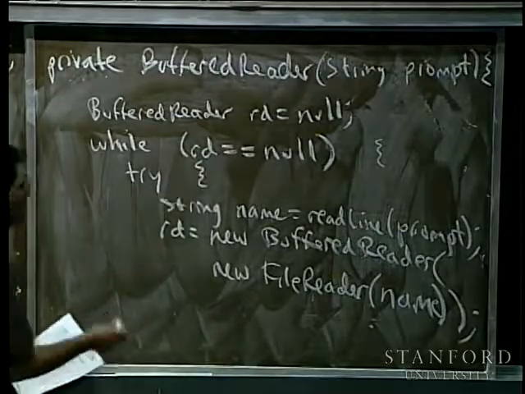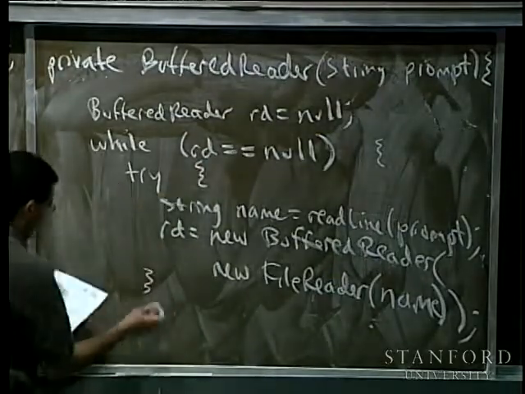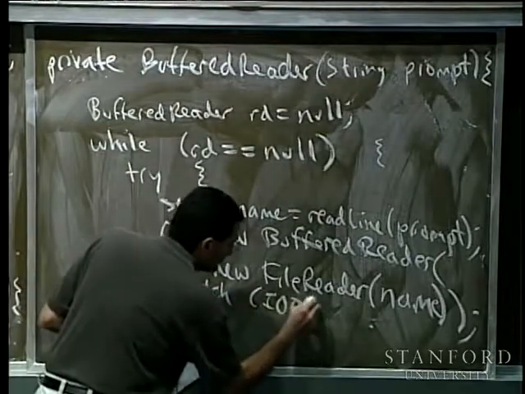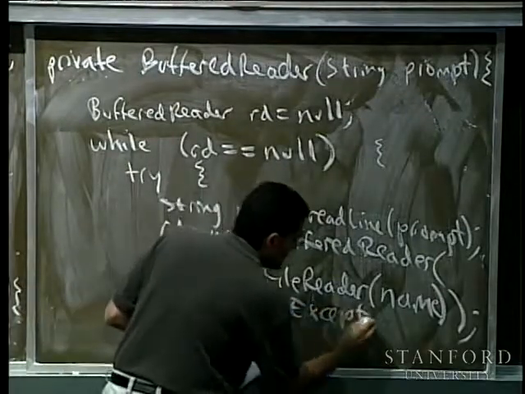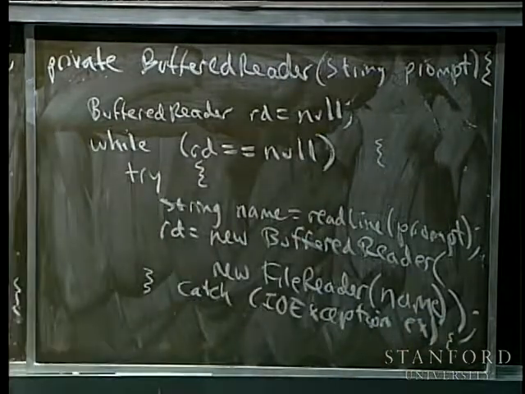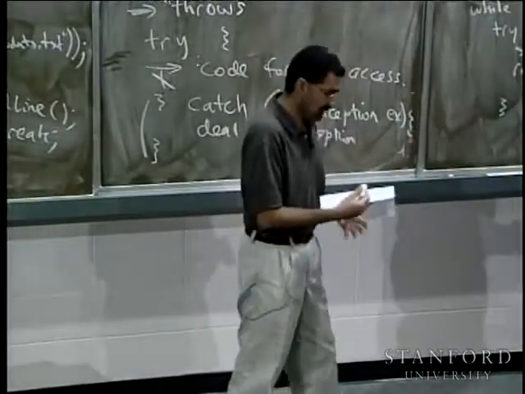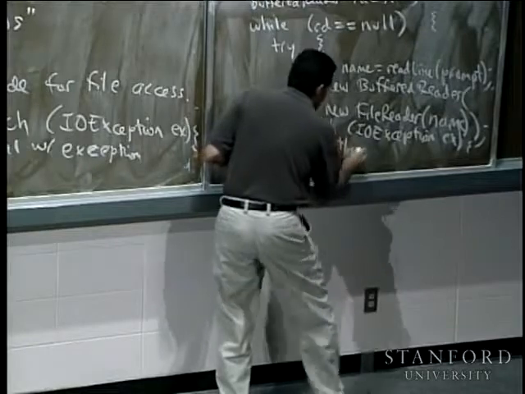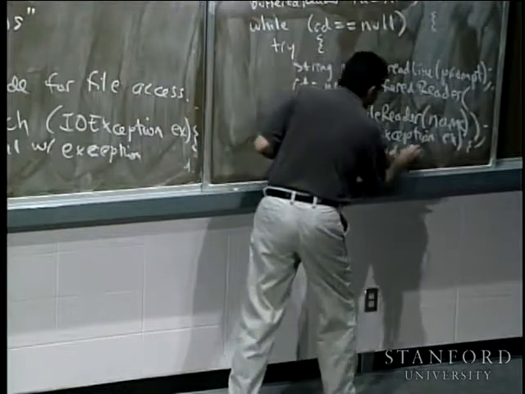That's an important thing. Because if I do this try and the file's not there, I'm going to catch this IO exception EX. And what I'm going to do when I catch that exception, I'm not actually going to do anything with the exception, the parameter EX that's passed in. All I'm going to do is just write a println to the person saying, like, bad file.